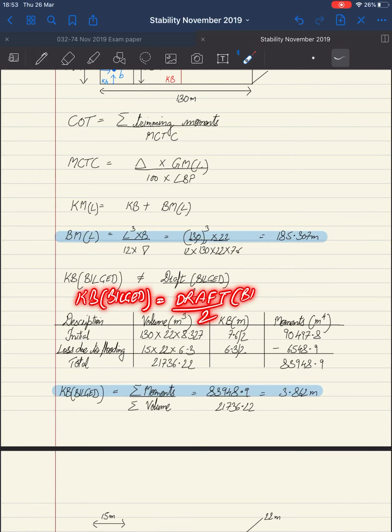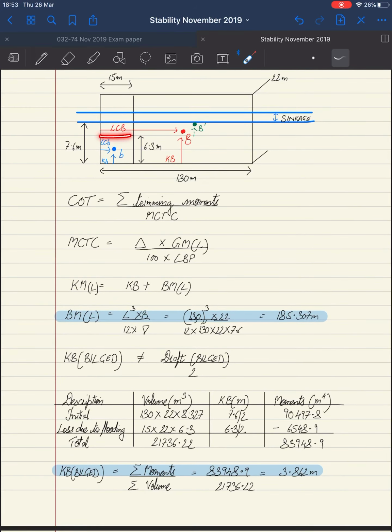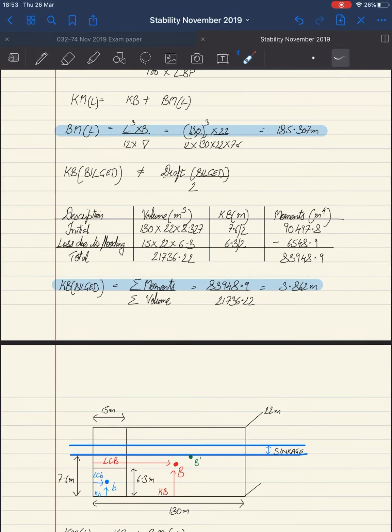But in this case, there is a watertight flat. So KB bilged will never be equal to draft bilged by 2. We need to solve it with the tables.